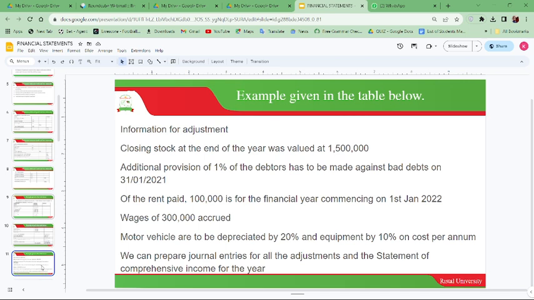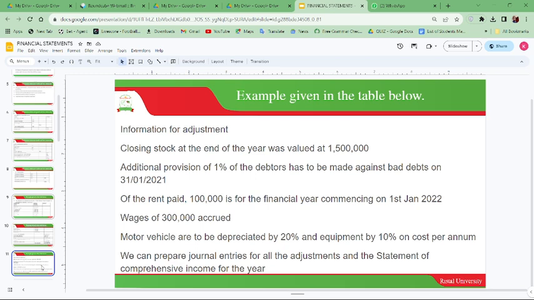So we have additional information. Closing stock at the end of the year was valued at 1,500. Then an additional provision of 1% of the debtors has to be made against bad debts on 31st December 2021. Of the rent paid, 100,000 is for the next financial year.